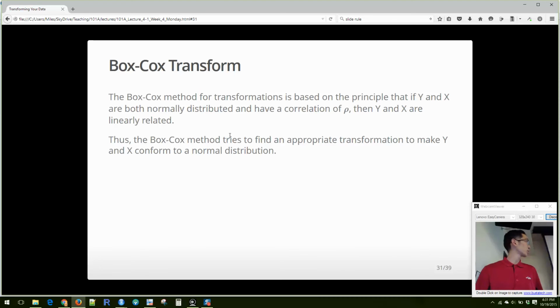And so what we're trying to do with the Box-Cox method is to transform y or x or both so that they both fit a normal distribution. Okay, and so in our case, when we looked at x, we said it looks normal enough, so we're going to leave it as such. But with y, we're going to transform it so it's no longer skewed but looks normal.